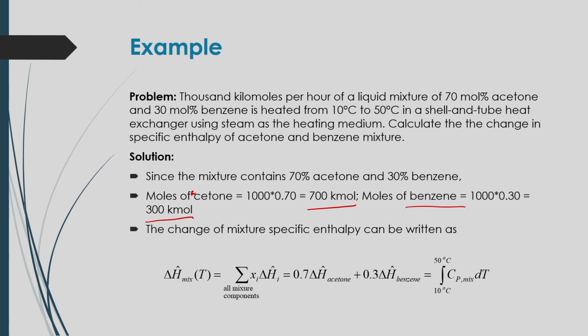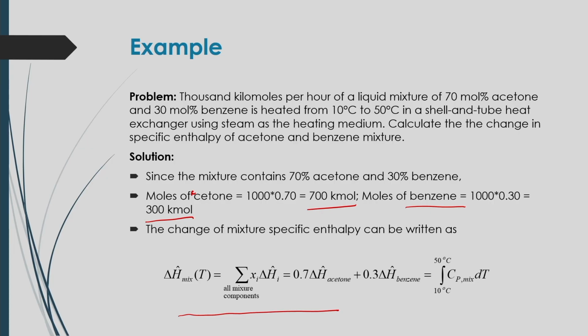The change of mixture specific enthalpy can be written as shown here in the slides. So, if we substitute the mole fractions of the individual components and the specific enthalpy change of the individual components, we can get the total change of mixture specific enthalpy there.